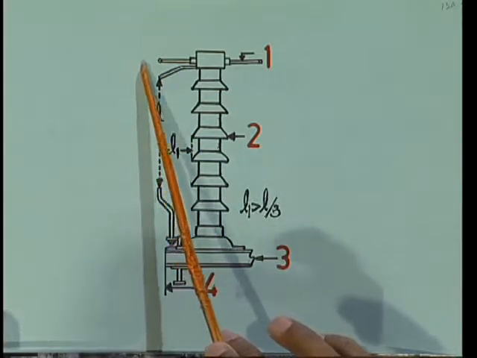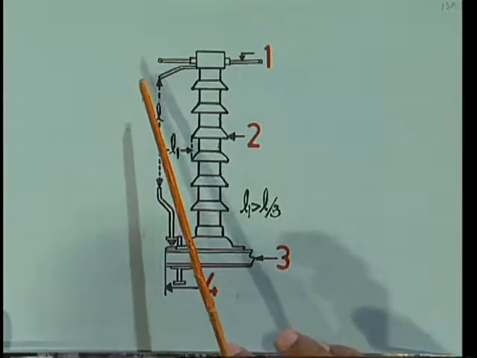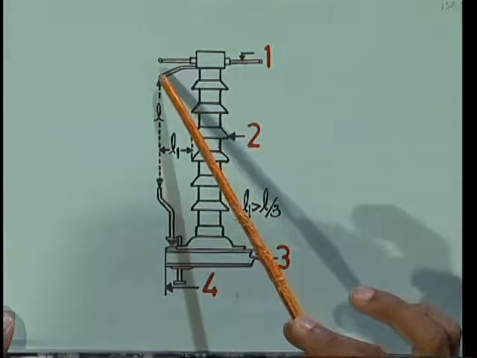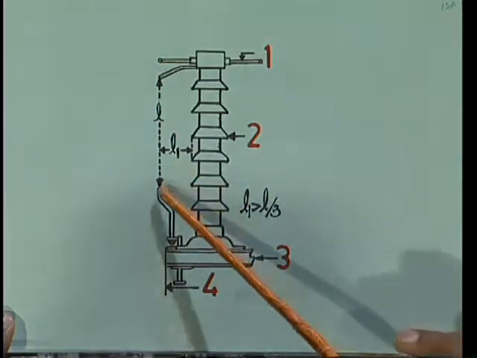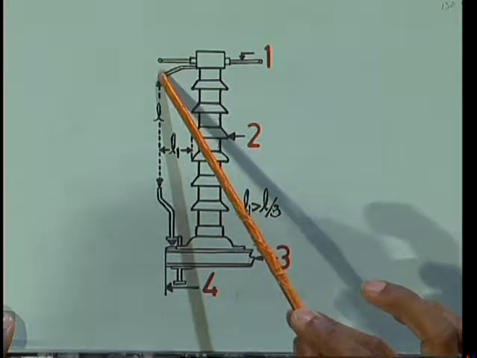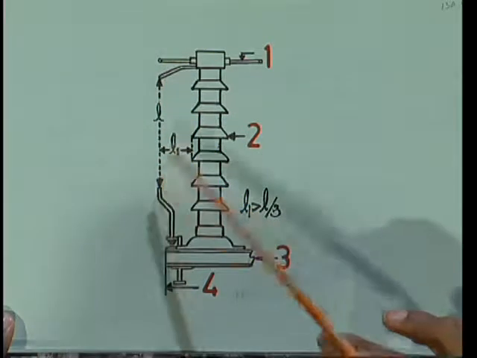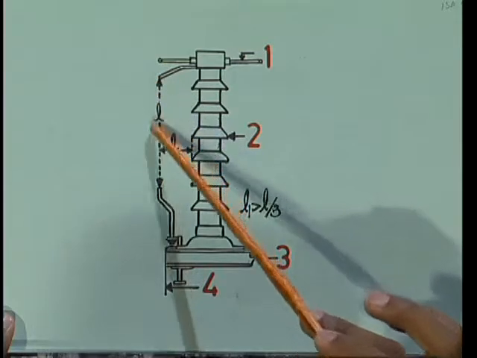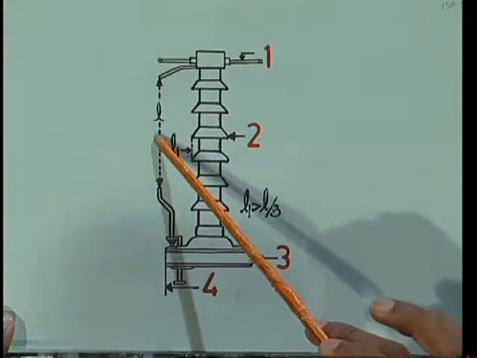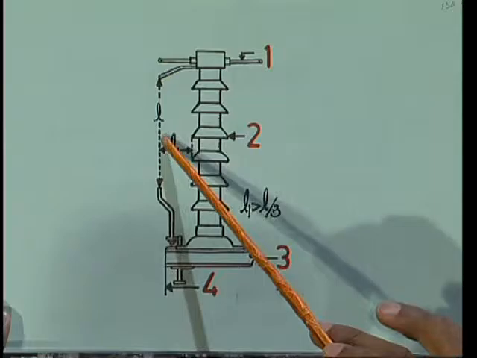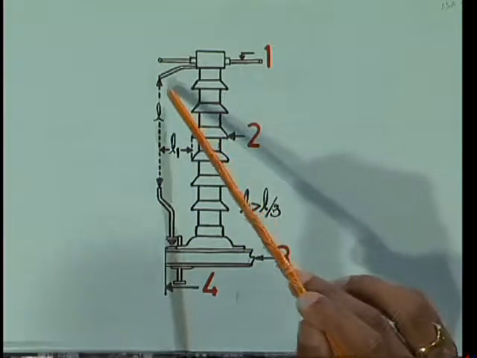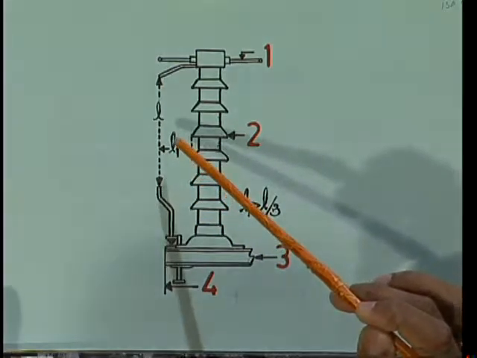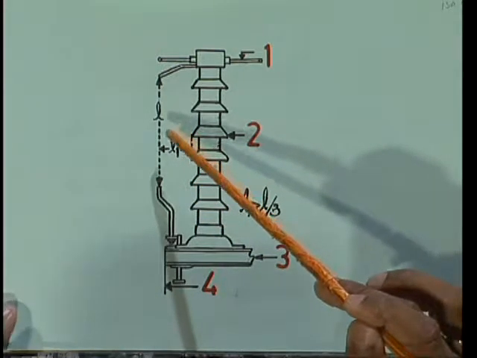But for high voltages due to lightning, the high voltage appears across this rod and also the earth point. So there must be a potential difference between these two, and that potential difference is sufficient to produce an arc between the gap. Due to the arc, the air between the two rods gets ionized. Ionized air is a good conductor of electricity.